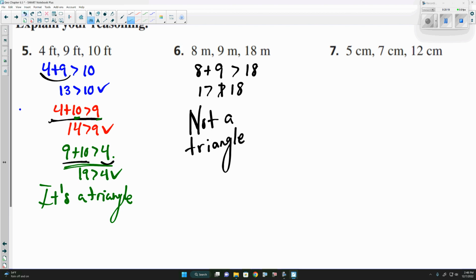So let's look at number 7: 5, 7, and 12. So this is the equal sign, not a greater than.